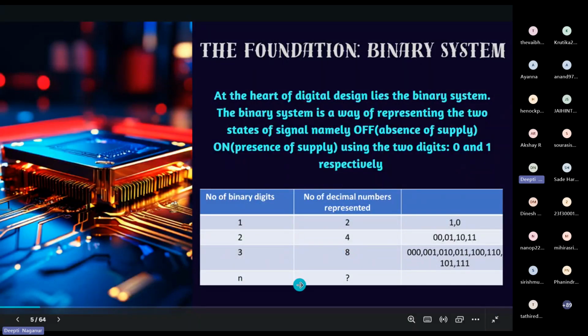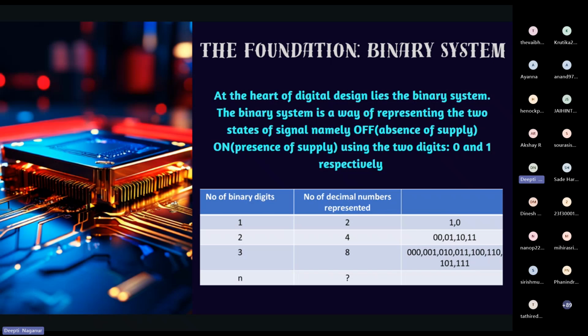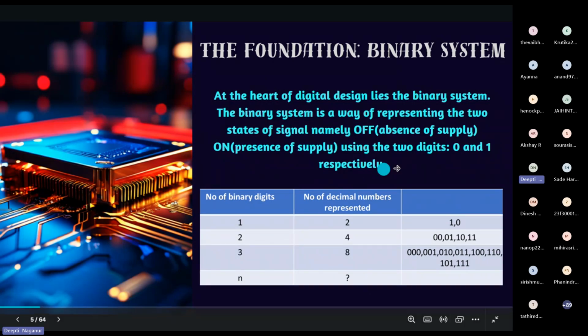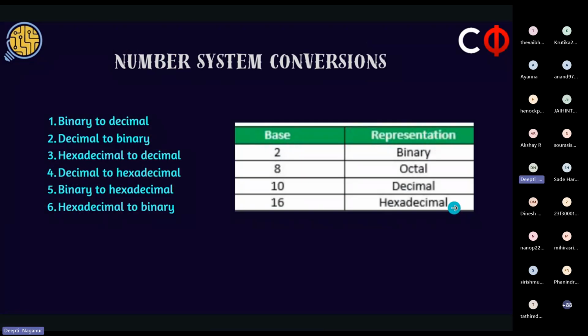Similarly, if you have n spaces, then how many combinations can you represent? You can represent 2 power n combinations. So depending on n, you can represent 2 power n numbers, right? That's the beauty of the binary system. Because we have only two factors, that is 0 and 1, and we are able to convey a lot of information using just the combinations of these zeros and ones.